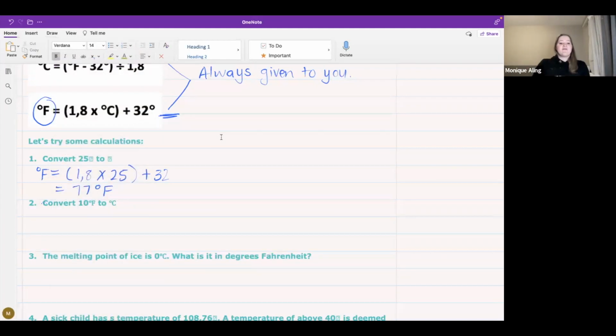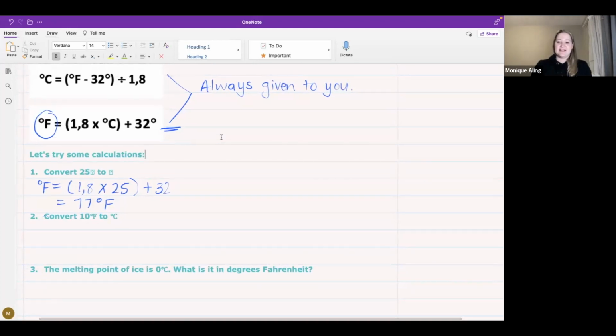Okay, question 2, convert 10 degrees Fahrenheit to degrees Celsius. And I'm going to ask you guys to try question 3 as well by yourselves. Let's go. Don't let me know your answers just yet.